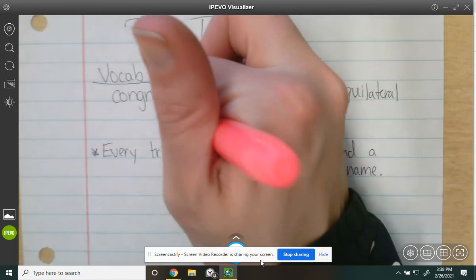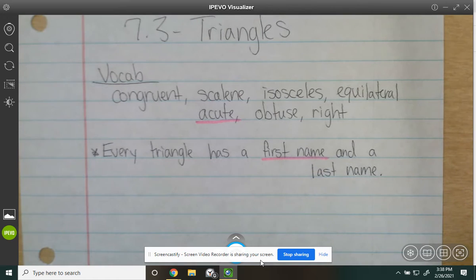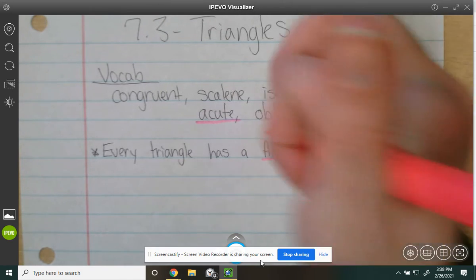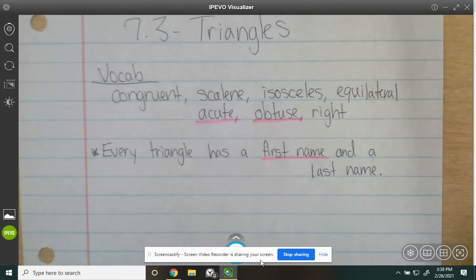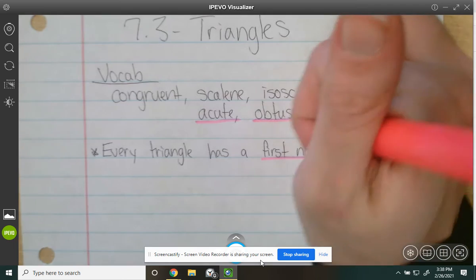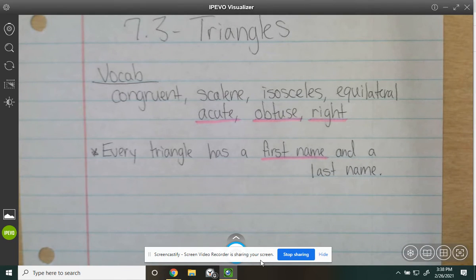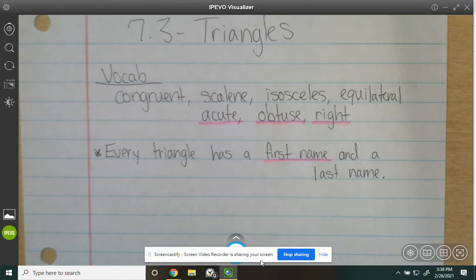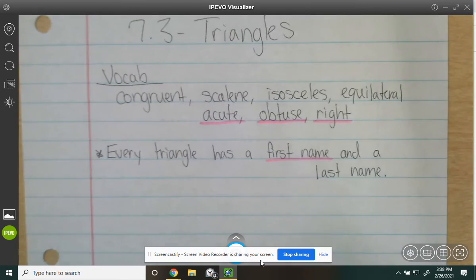So if all three angles are acute, then it's an acute triangle. If there is one obtuse angle, then it's an obtuse triangle. If there's one right angle, then it's a right triangle. So that's its first name. You always name it by the angles.